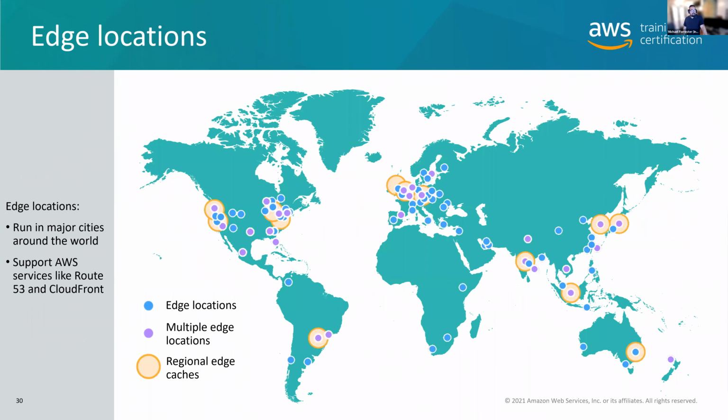Okay, so in addition to regions which have AZs, and local zones which sit outside of the regions, we have a small smattering of servers that basically sit even outside of that. Remember, a local zone is still a cluster of data centers. A region is a collection of clusters, a cluster of clusters, right? An edge location is even smaller than that.